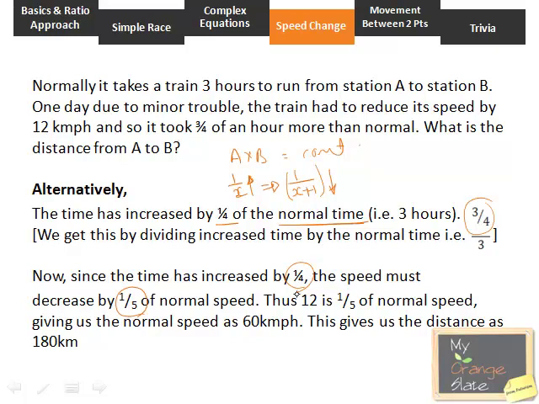So if time is increased by 1/4, the speed must decrease by 1/5. And 1/5 of the normal speed is 12 km per hour. So the normal speed is 60 km per hour. This gives us the distance as 180 kilometers.